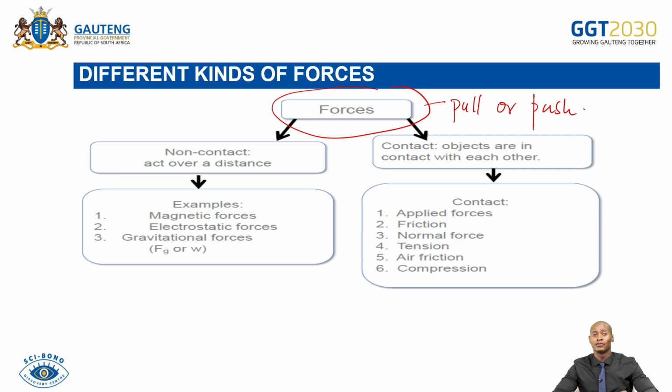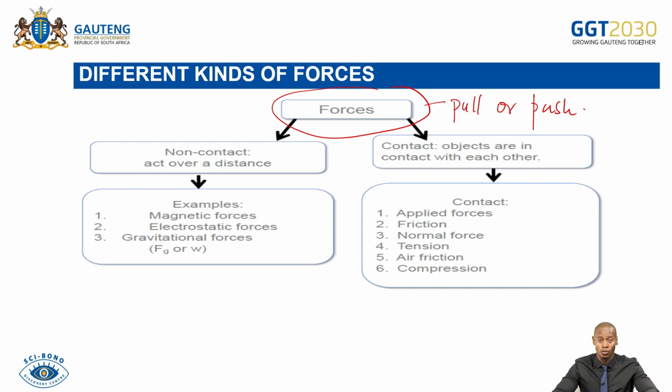Okay, then we have two types of forces. We have non-contact forces, okay, and also the contact forces. Then when we talk of non-contact, right? So non-contact forces, those are forces that act over a distance, okay. Then when it comes to contact forces, those are forces exerted by objects that are in contact with each other.